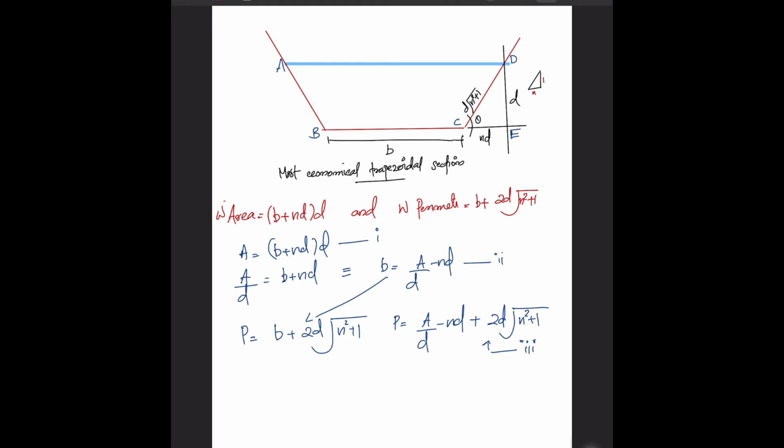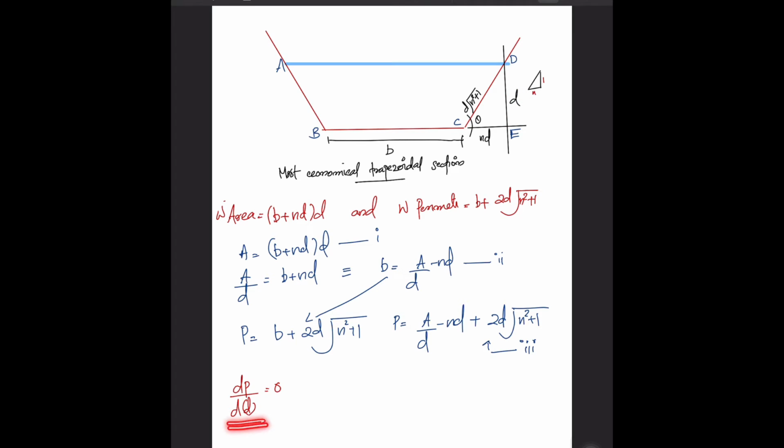Now we know that for a section to be most economical, P should be minimum, or dP by d of d should be equal to 0. So please remember, for a rectangular section, we had used depth of flow as y. So there the condition was dP by dy equal to 0. But here we have used d instead of y.